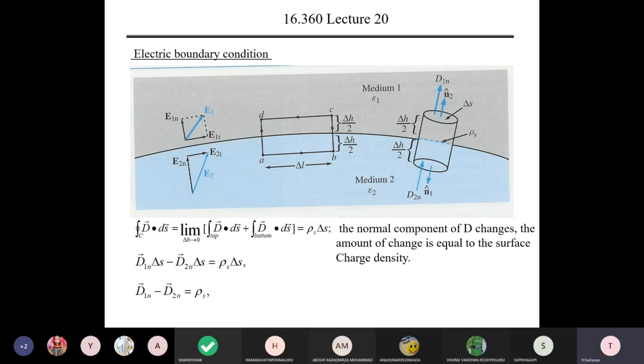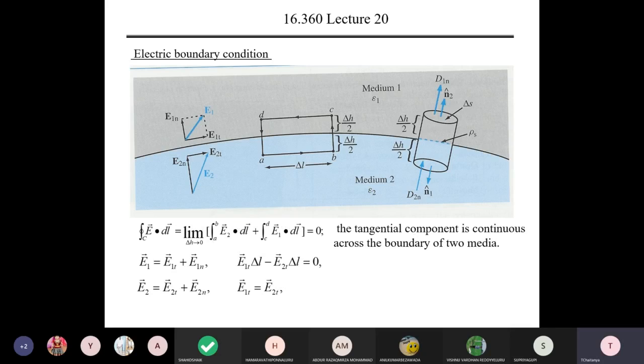For that, let me consider this path area. This path can be considered across the two mediums, medium 1 and medium 2, with corners A, B, C and D, and D to A. For convenience, we can find the normal value as well as the tangential value.